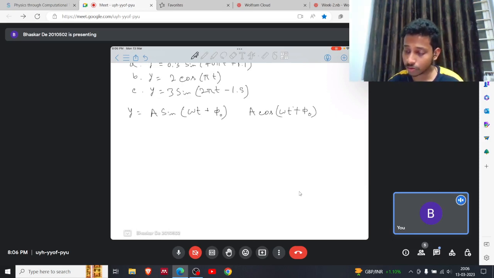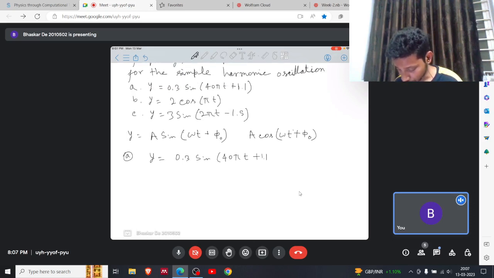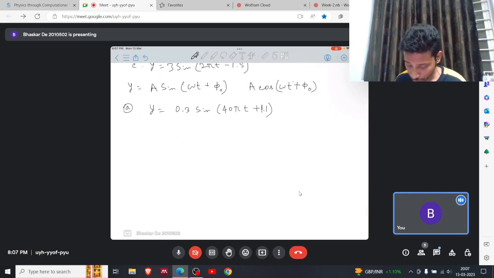Now what we need to do, we need to just compare this equation with the given equation. So now for a, y equal to 0.3 sine 40 pi t plus 1.1. So here A equal to 0.3, this is the amplitude.